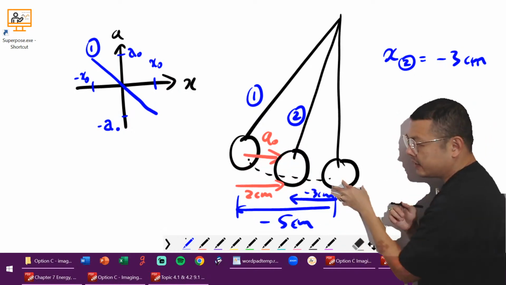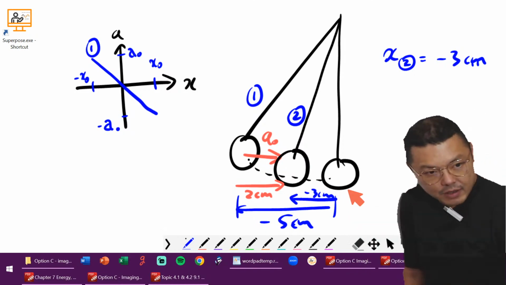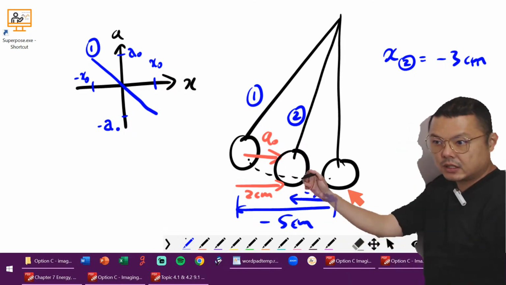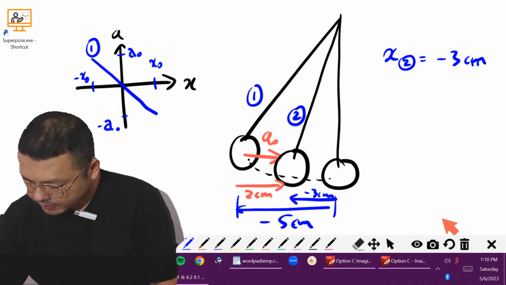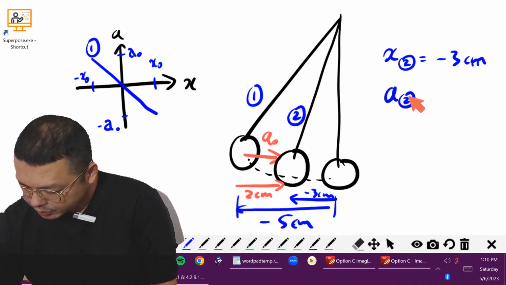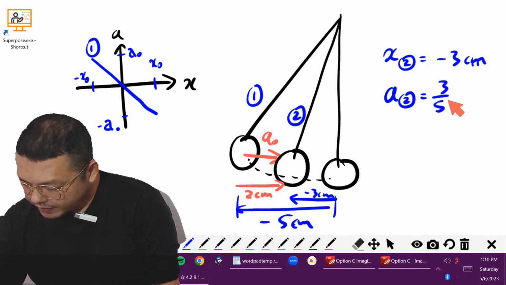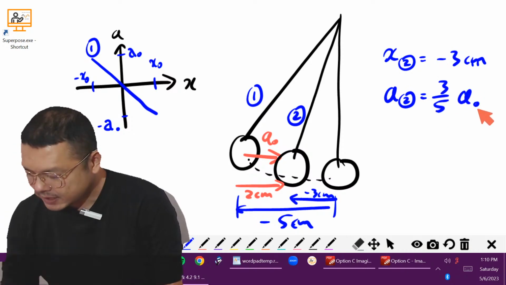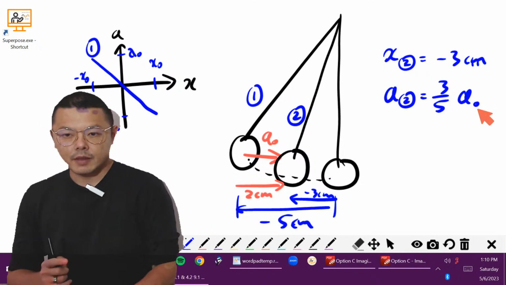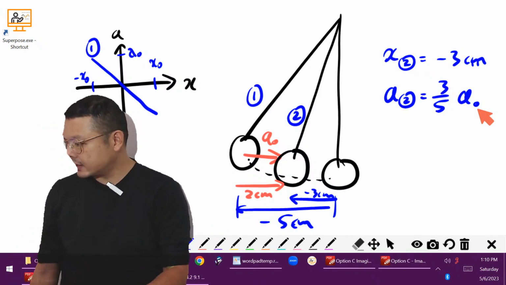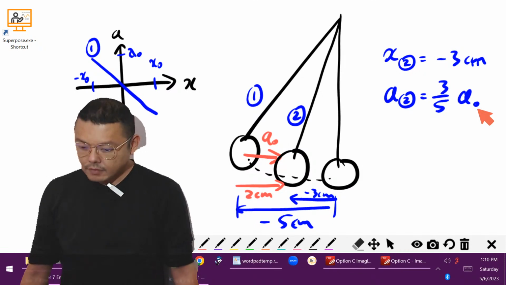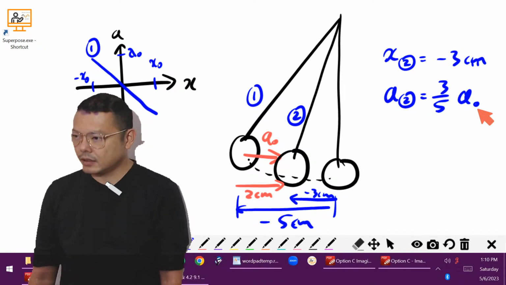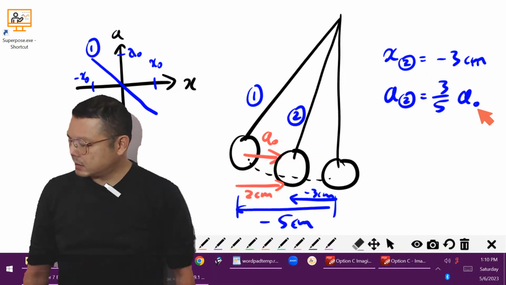In fact, can you calculate the acceleration here? Yeah, 3 out of 5. The acceleration at position 2 is 3 over 5 of the maximum acceleration, 3/5. Because I'm just comparing the ratio of the displacements. Yeah, there you go. That's it.